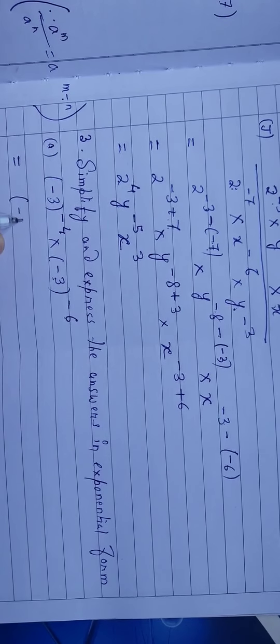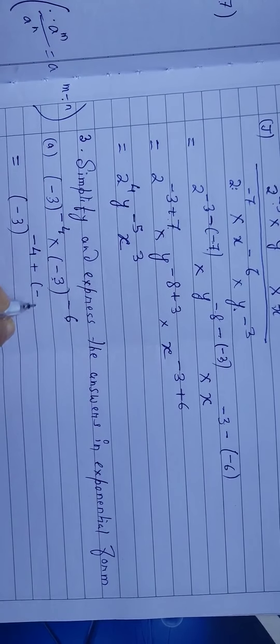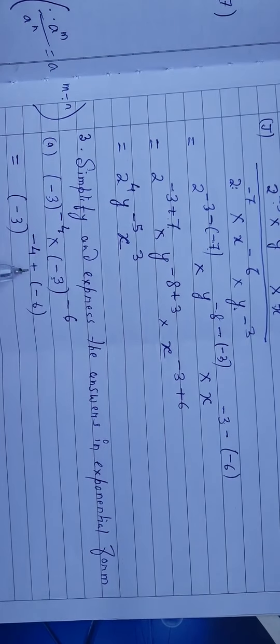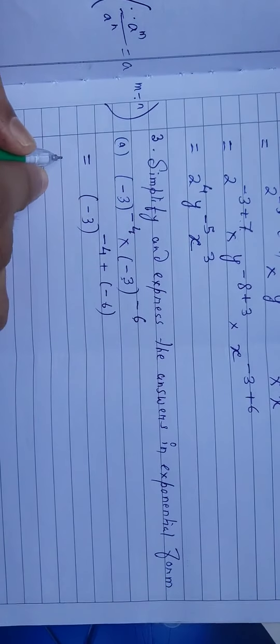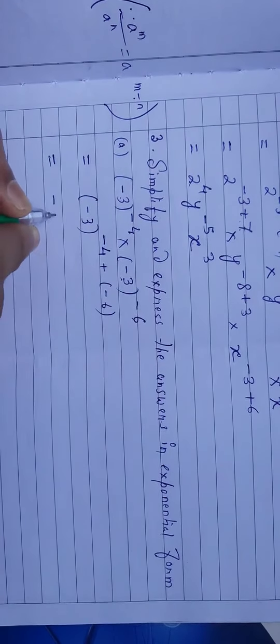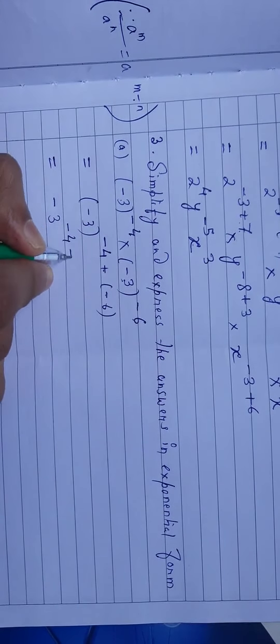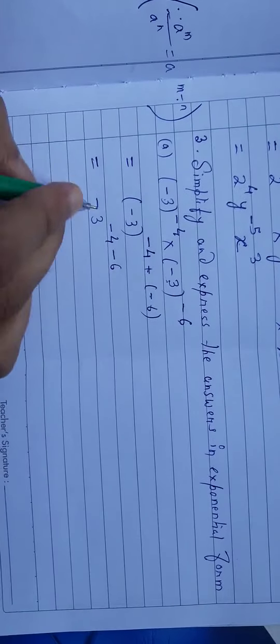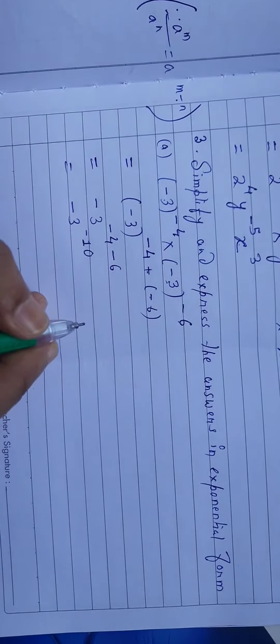So it is minus 3 to the power minus 4 plus minus 6. This plus is a formula's plus, which equals minus 3 to the power plus and minus minus. So minus 4 minus 6, which equals minus 3 to the power minus 10.